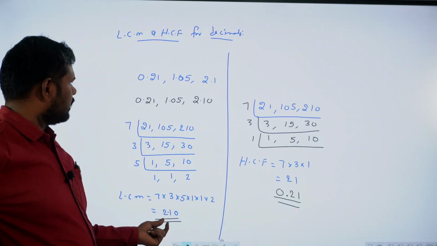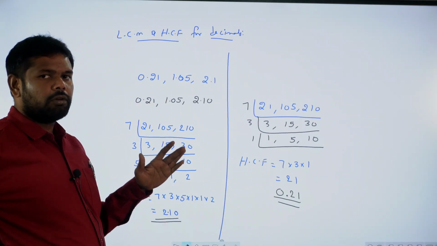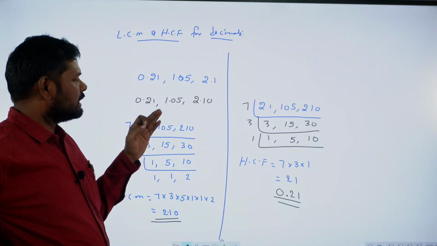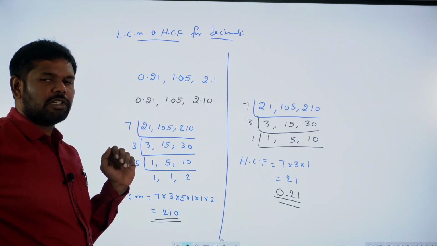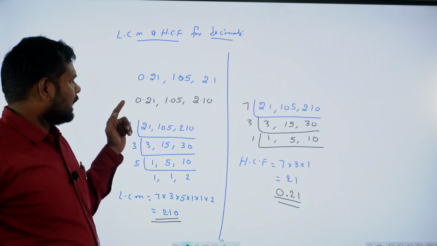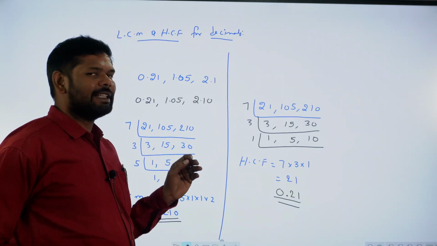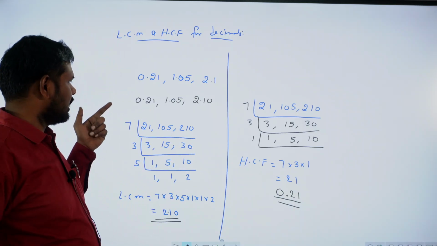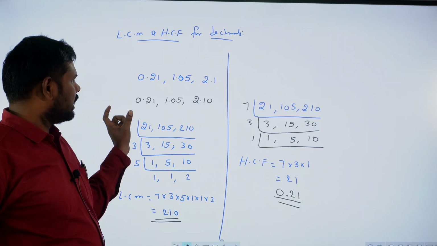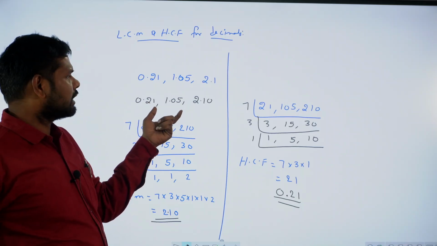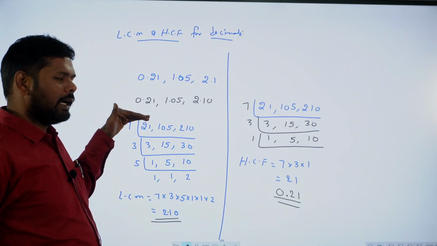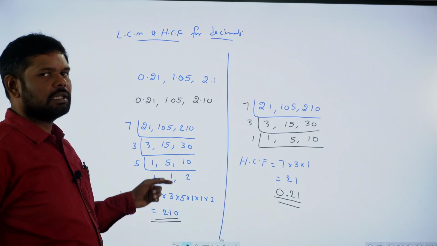LCM is 2.10. How are we going to find the LCM or HCF for any decimals? First you write the numbers so that all have the same number of decimals. Whatever decimal numbers are given, you need to equate the decimals in those numbers. After that, remove the decimals and find the normal LCM and place that decimal back.